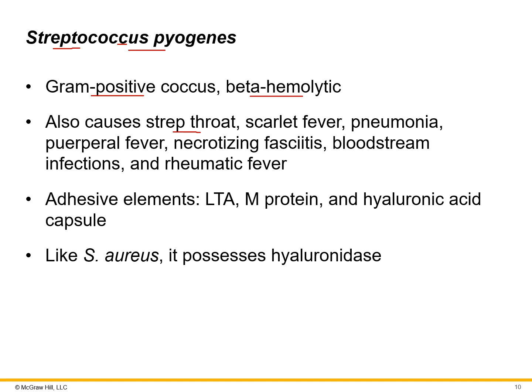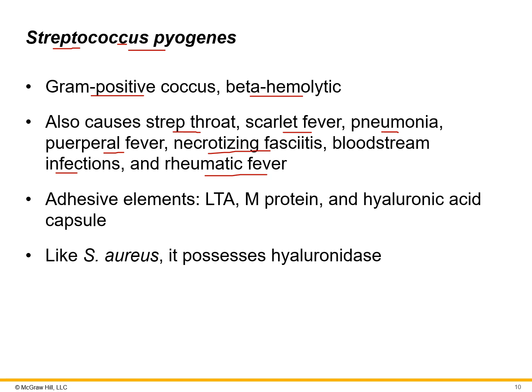If left untreated, that can also lead to scarlet fever. Strep pyogenes can cause pneumonia, so we'll come back to that when we get to respiratory diseases. Purpura fever, necrotizing fasciitis, so like flesh-eating disease, various bloodstream infections, and rheumatic fever. So again, sometimes the organisms we're talking about can cause multiple infections depending on where they're at.